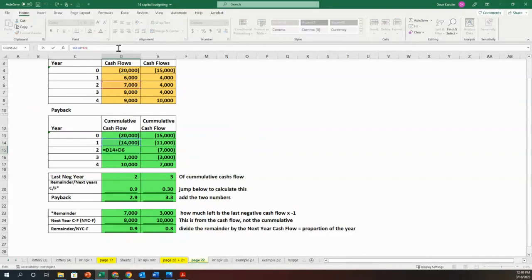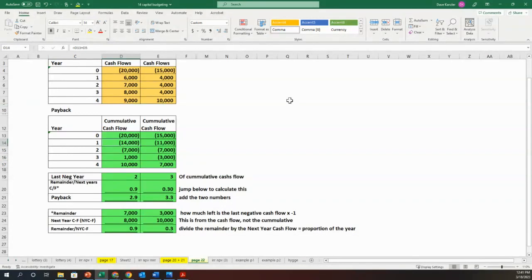Our year two is our cumulative year one plus our year two cash flow. Our cumulative year three is our cumulative year two plus our year three cash flow. And our year four is our cumulative year three plus our year four cash flow.